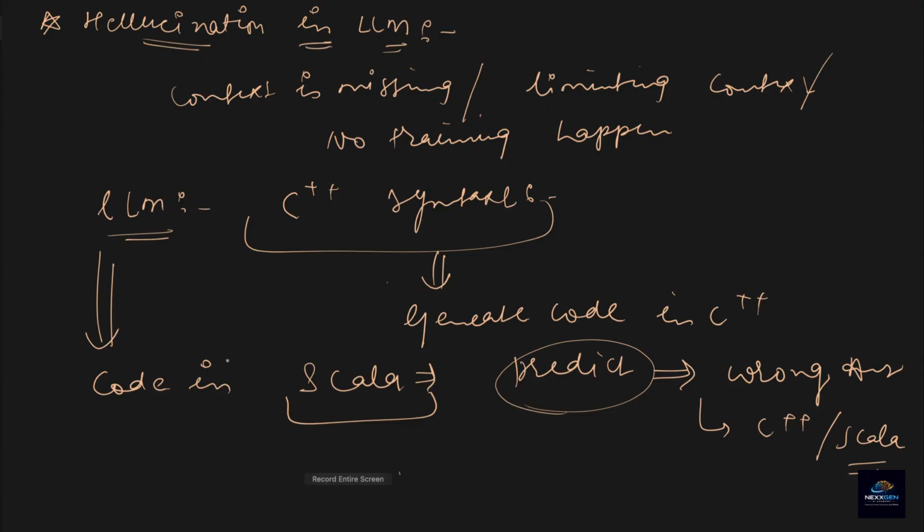This is the case of hallucination, where the LLM doesn't have context or has limited context, and you go deeper into the query and want the expected results, because the model knows nothing about the query you are putting into it.